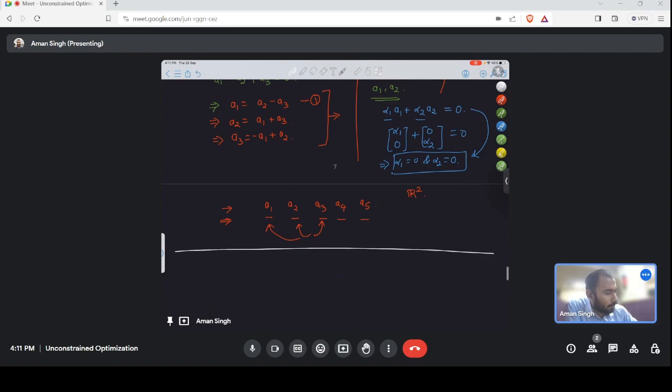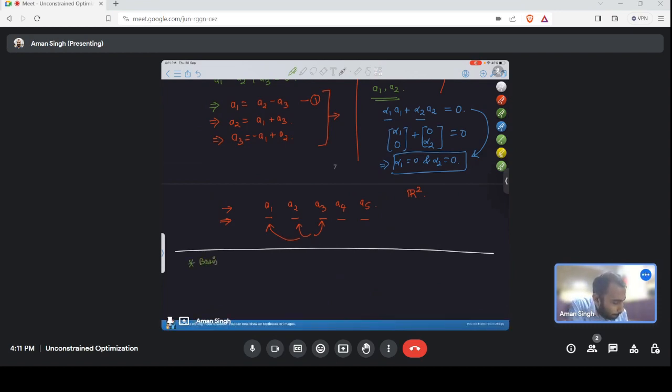Now moving ahead, we'll define what bases are, which is a combination of these two. What are basis vectors?